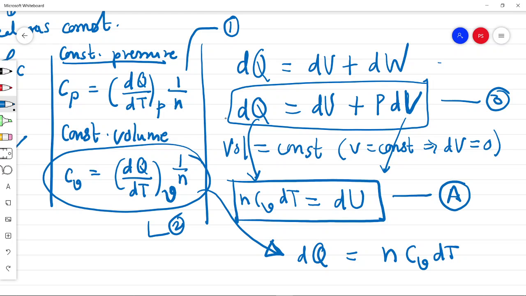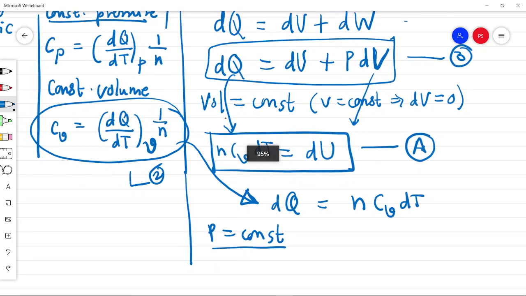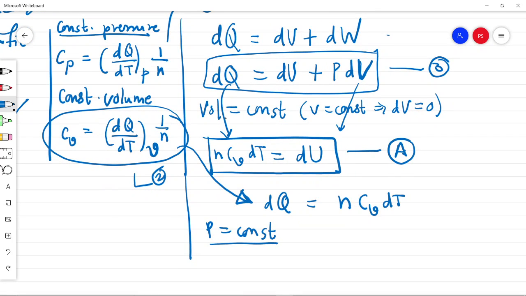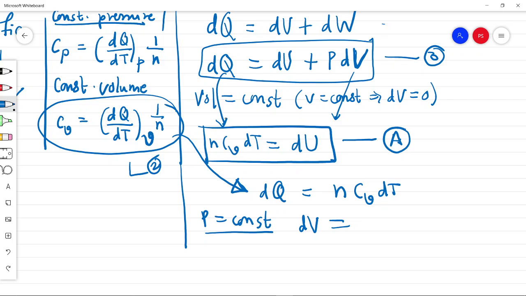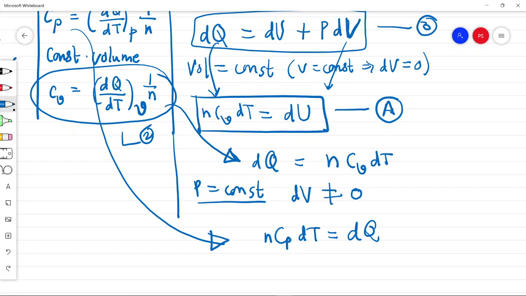Similarly, now if we keep the pressure constant and we allow the volume to change, in that case dV is not equal to 0 because it can change. It is not constant, but the pressure is constant. So from equation number 1, we see that n Cp dT is now dq because we are keeping pressure constant.